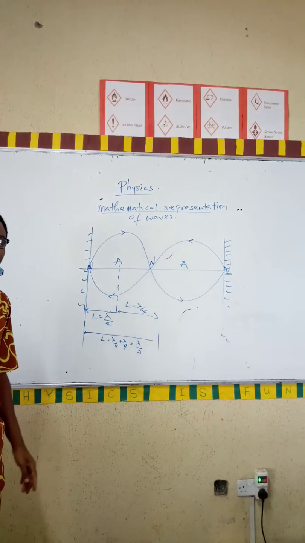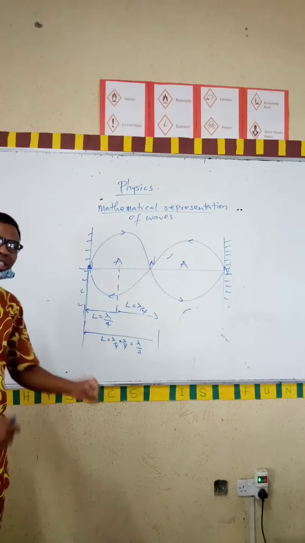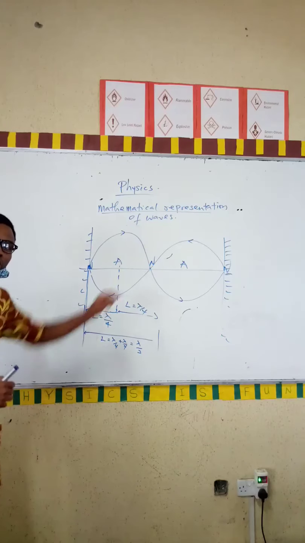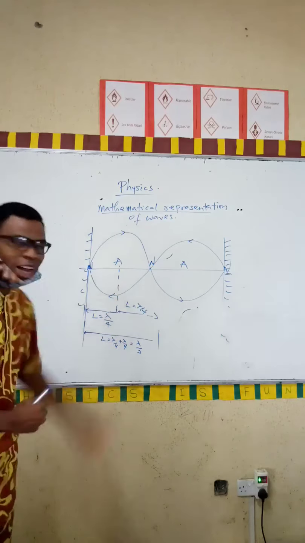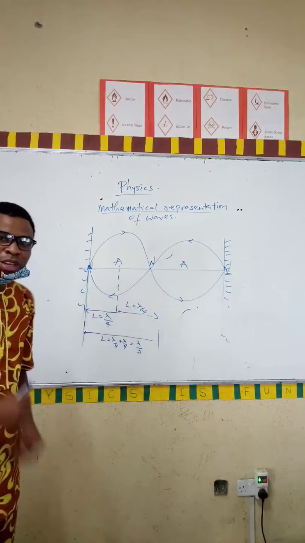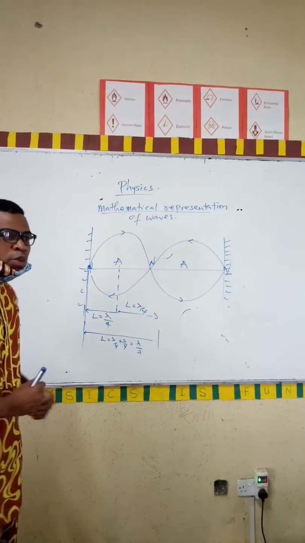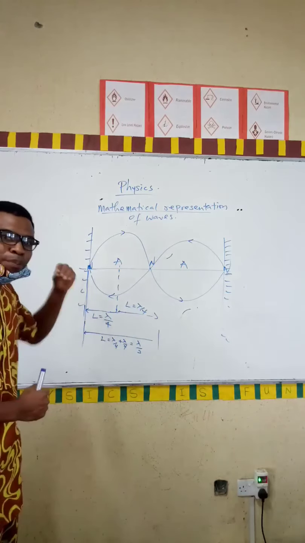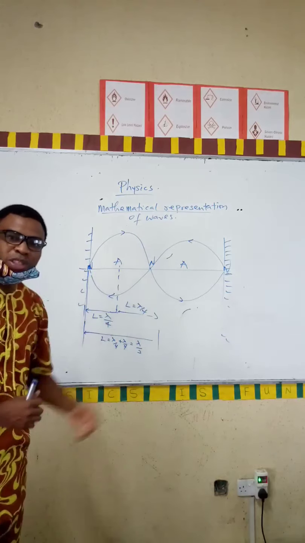So what is the main important thing we should note here? That a stationary wave or a standing wave is when you have two waves of the same frequency and amplitude traveling in opposite direction and are superimposed.